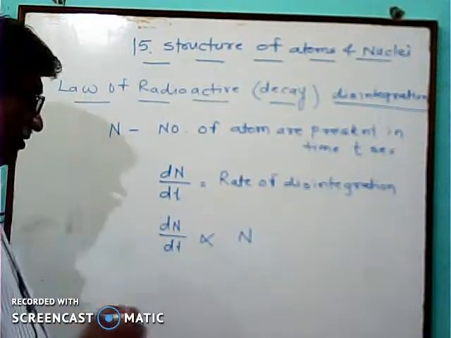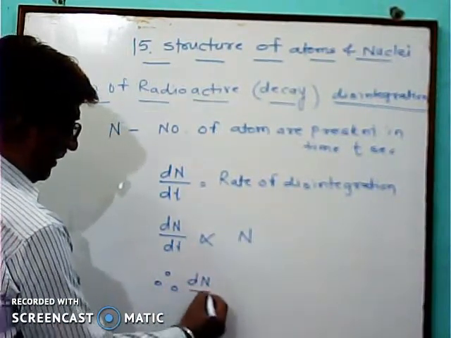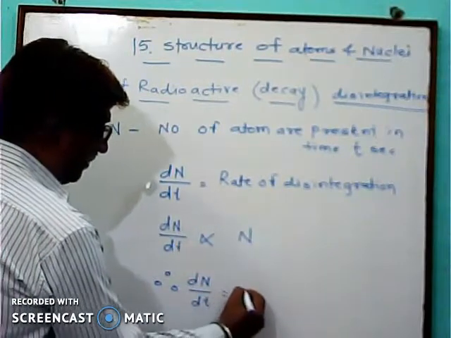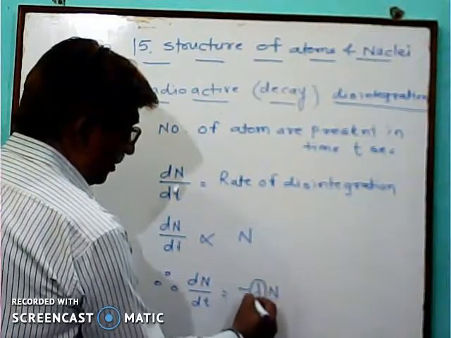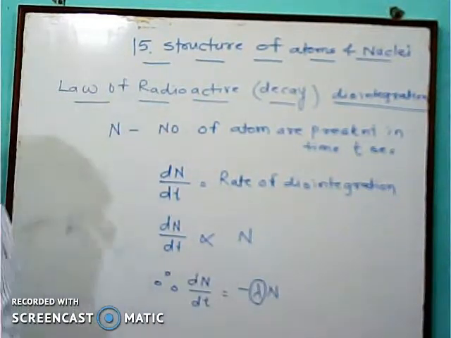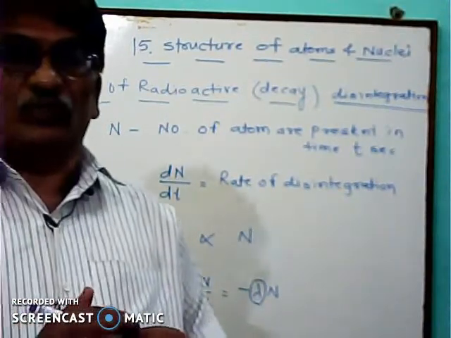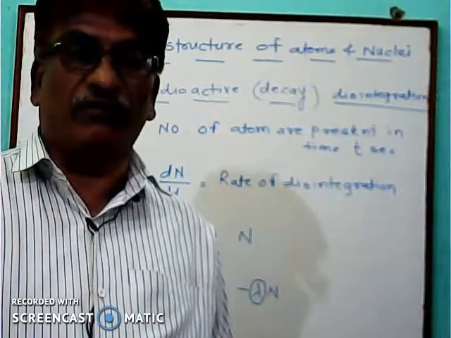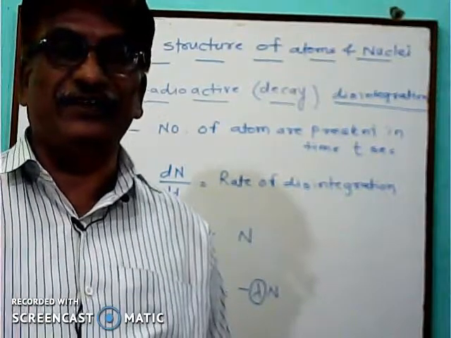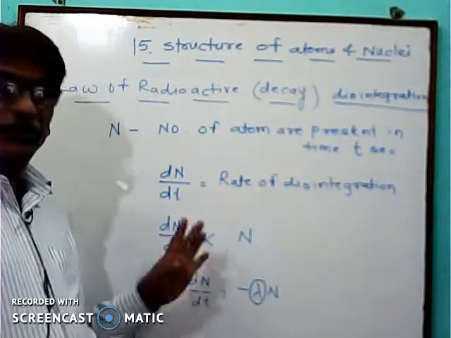Therefore, dN upon dt is equal to minus lambda N. The new term lambda is there. In the last periods we have seen that whenever wavelength of light is given, we can represent it by lambda.